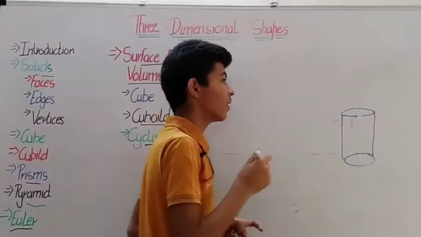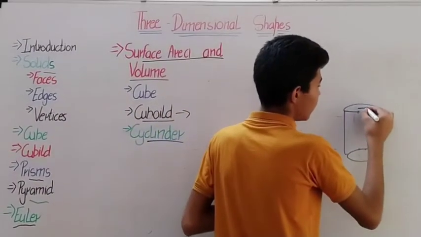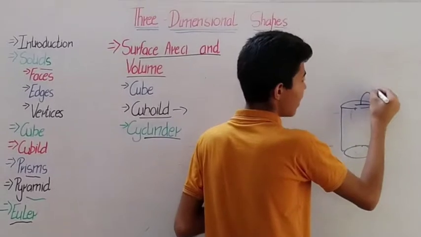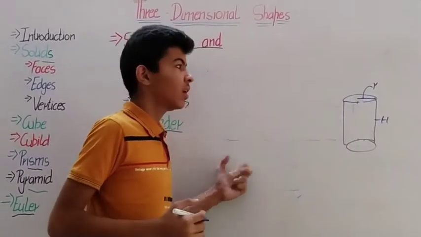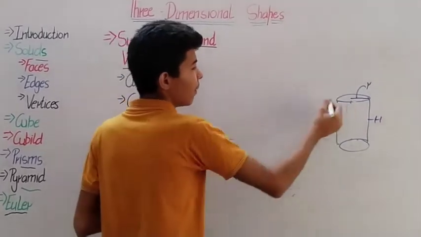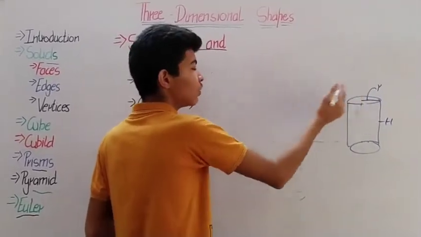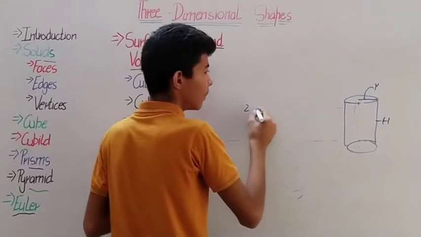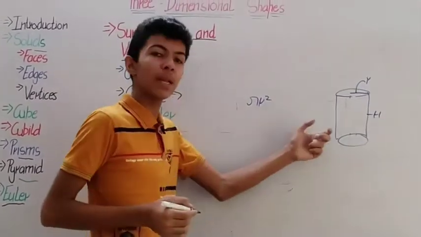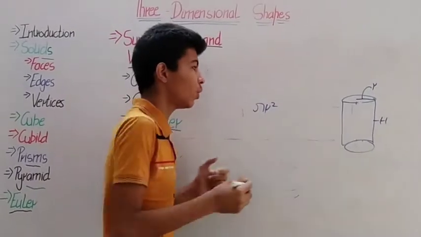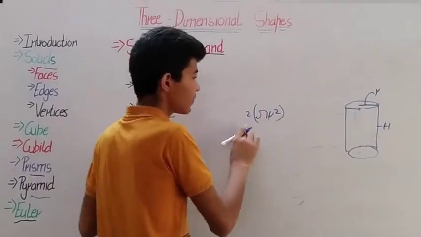So if it has radius R and height H, what would be the surface area of this? First we have to find the area of the top face, which is pi R square, and multiplying by two sides, for top and below, that means times 2.